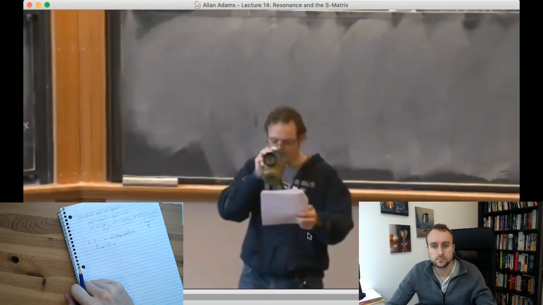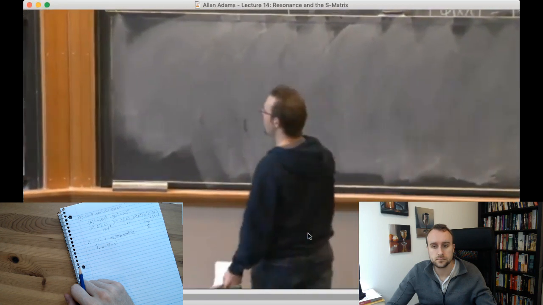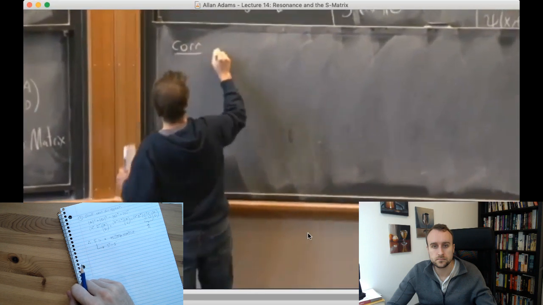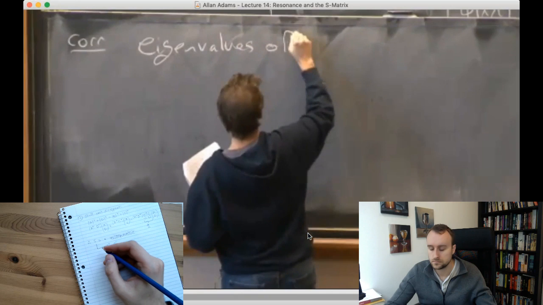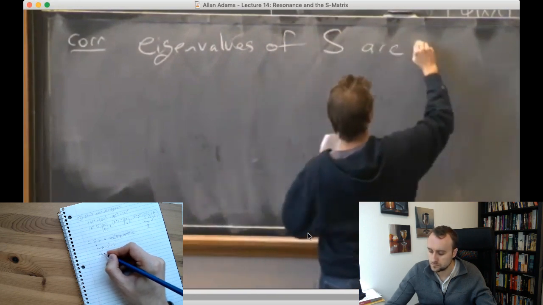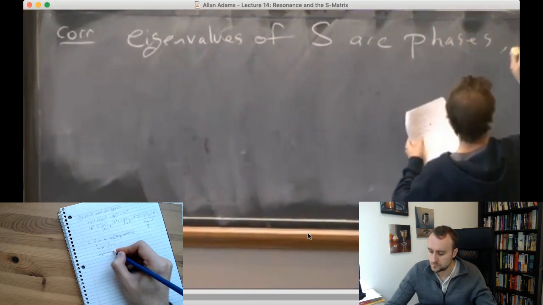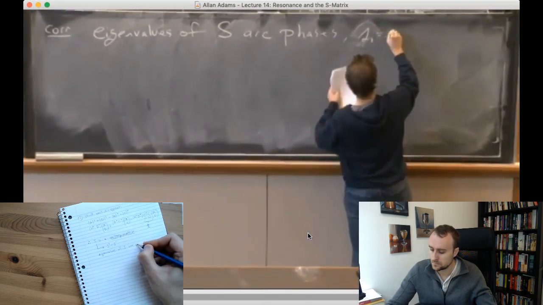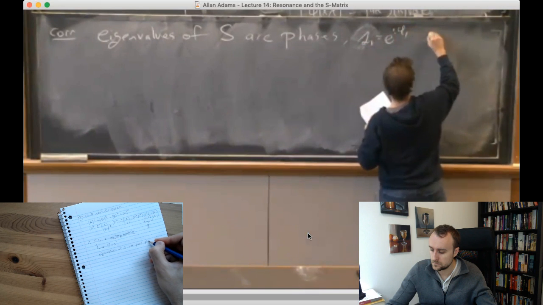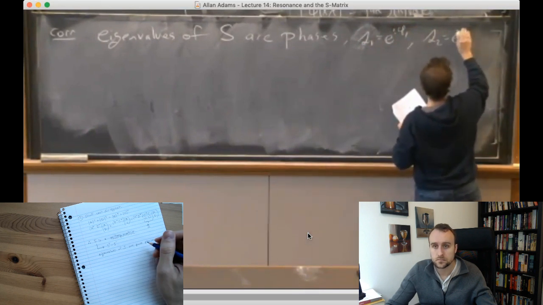Okay. So a consequence of that is that the eigenvalues of S are pure phases. So I can write them as S1 equal to e^{i phi 1}, and S2 equal to e^{i phi 2}.